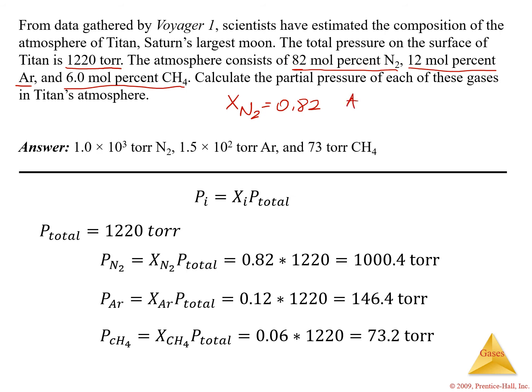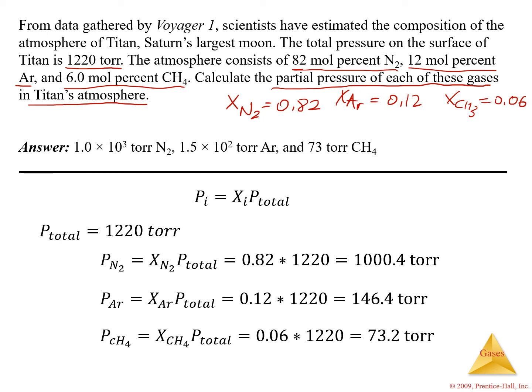For argon, this is 0.12, and finally for the methane, that's 0.06. So the problem is giving us the information about the molar fractions, and it's asking us to calculate the partial pressure of each of these gases in Titan's atmosphere.